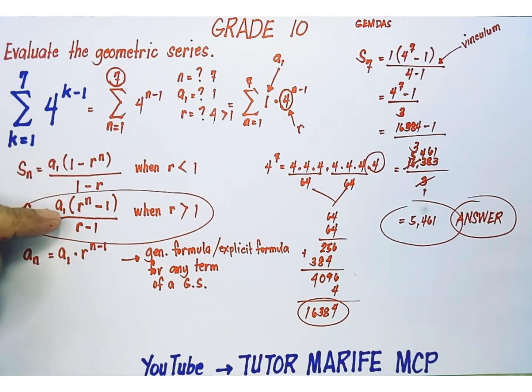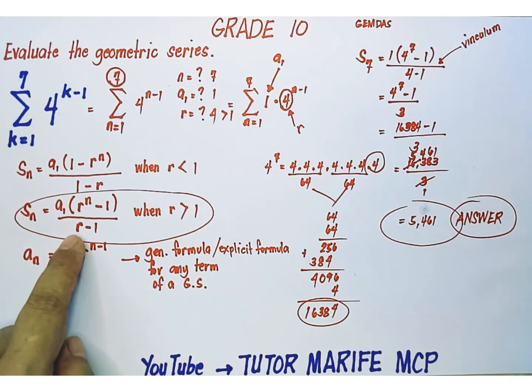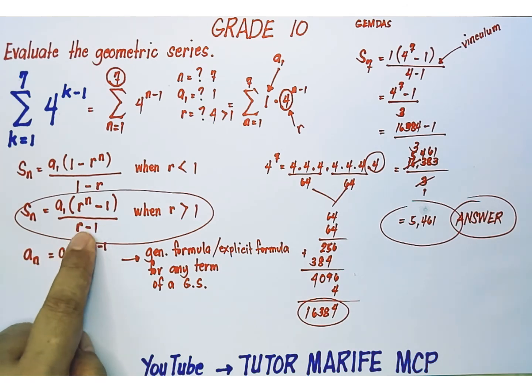Okay? So, ang purpose lang ulit ng selecting which of the two sum formulas you're going to use pag nag-i-evaluate ka ng sum is you want to make the difference in the denominator always positive to avoid confusion with negative signs.